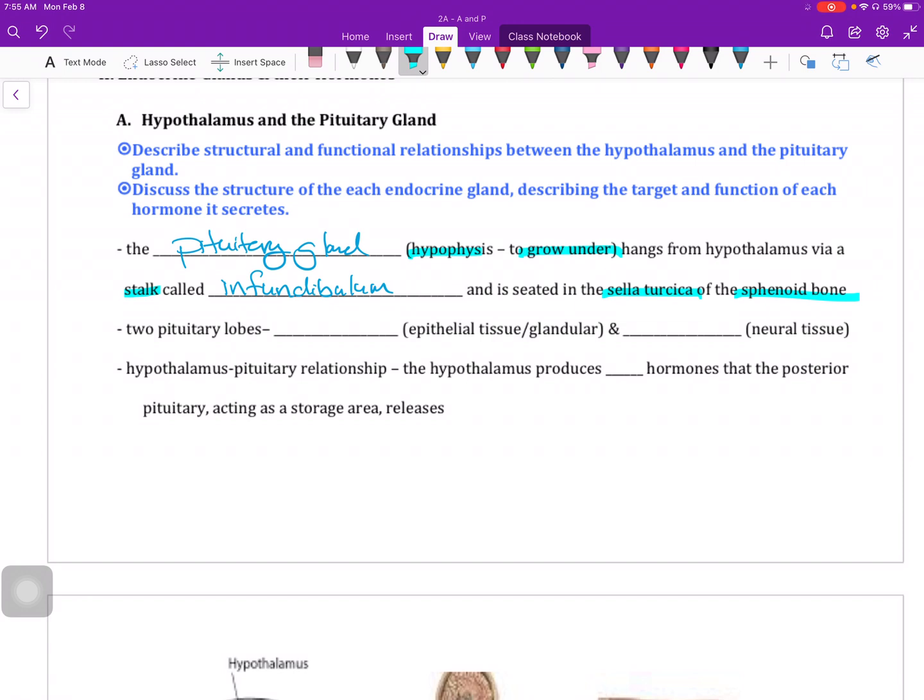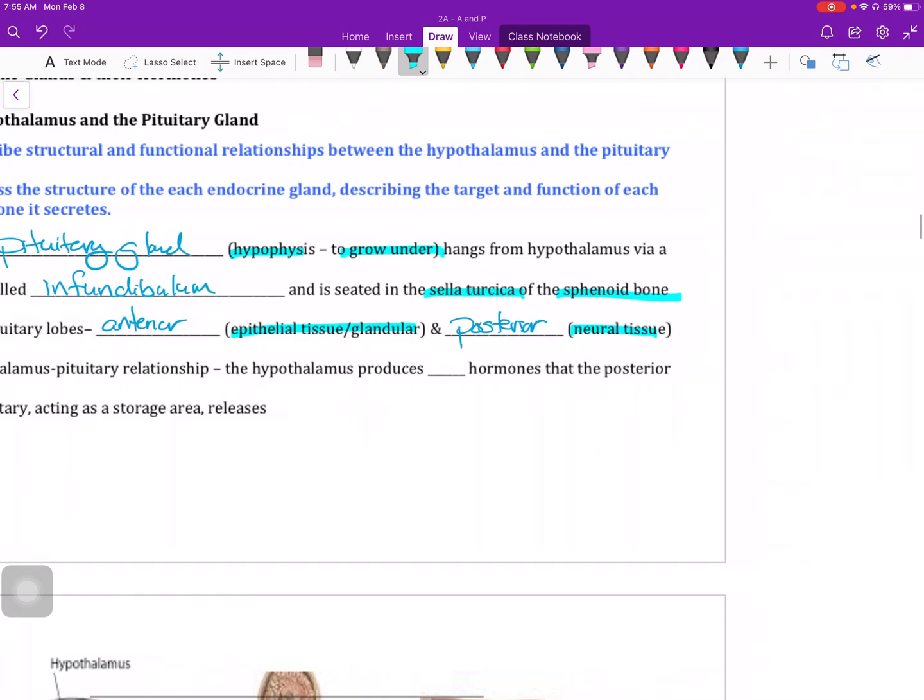There are two lobes of the pituitary gland. There is the anterior, which is made up of epithelial tissue known as glandular epithelium tissue, and the posterior pituitary lobe, which is made up of neural tissue.